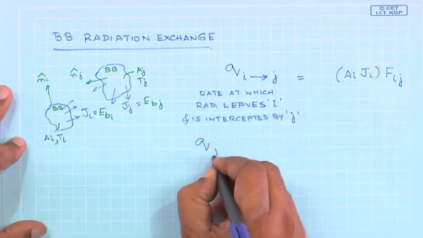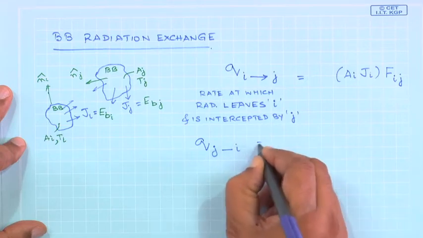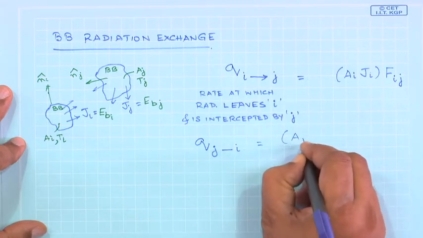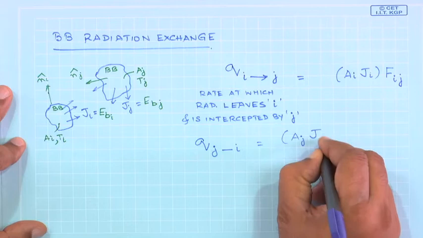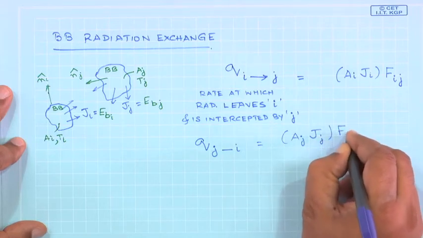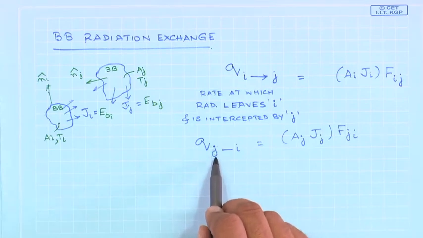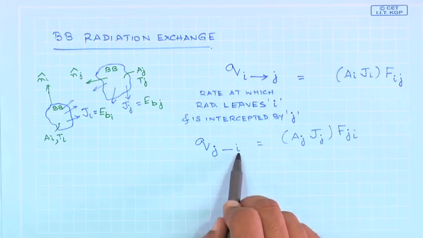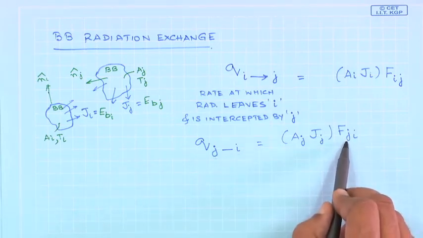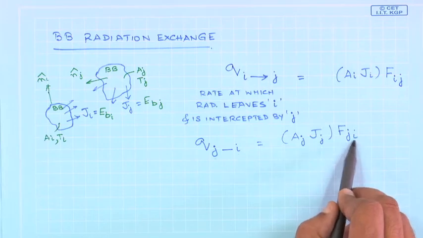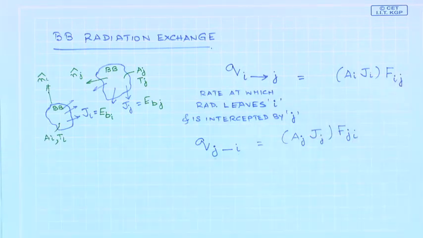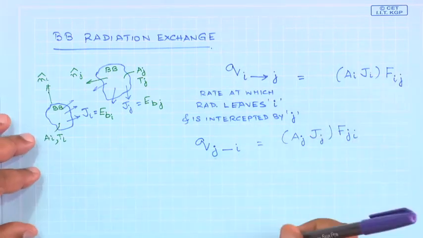Similarly, you can write Qj to i as Aj Jj times Fji. So, this would be the rate at which radiation which leaves J is intercepted by I. This is the view factor of J to I, and I think these must be clear to you now.